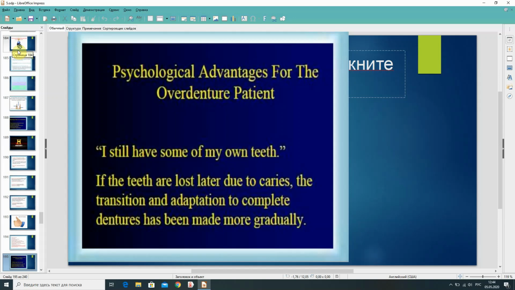If the teeth are lost later due to caries, the transition and adaptation to complete dentures has been made more gradual.